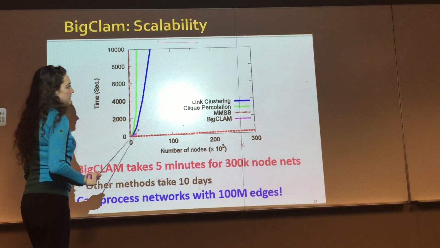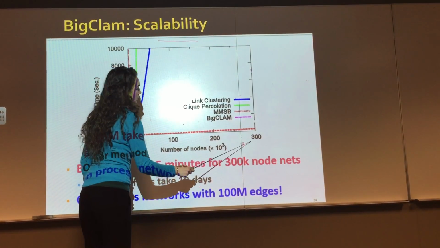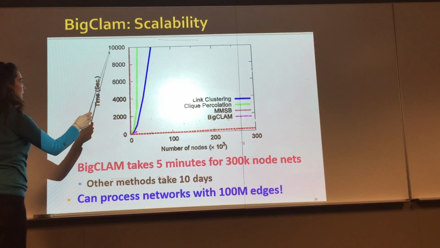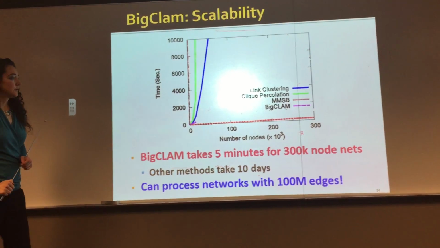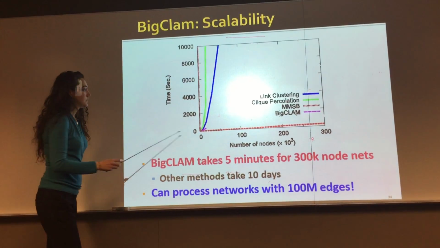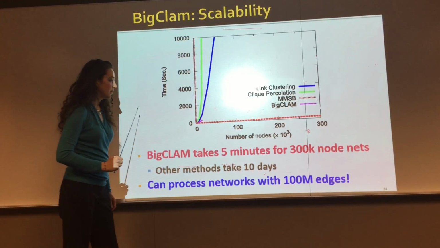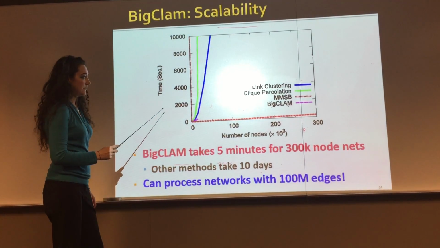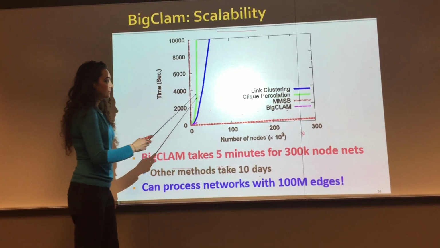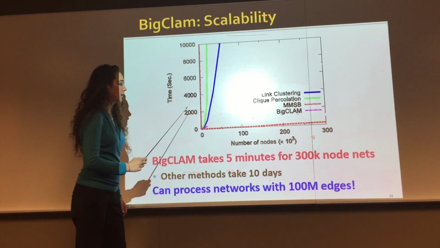So this is the size of the data, number of nodes in the network, and this is the time that it takes to run the algorithm. And you can see these are some existing algorithms that search through the network for the same thing: link clustering, clique percolation.